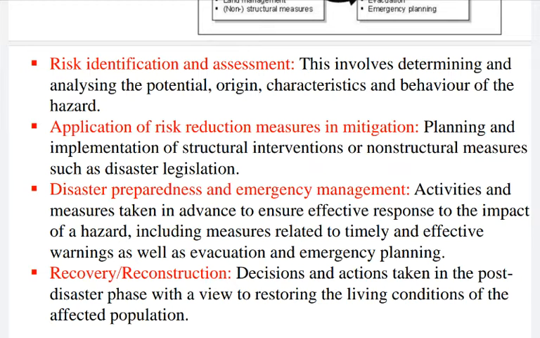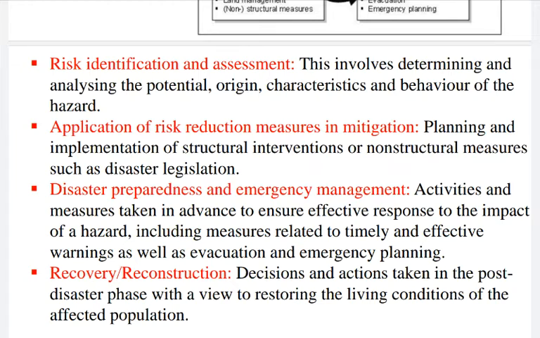The advantage of hazard mapping is that we can characterize a place based on the occurrence of a disaster. Also, how vulnerable or how hazardous that area is can be determined by the first step, hazard analysis or hazard mapping.